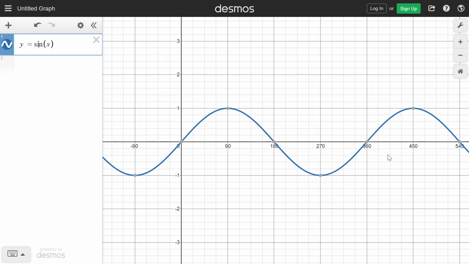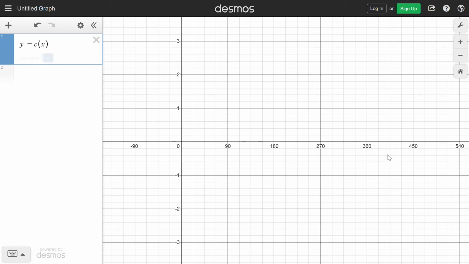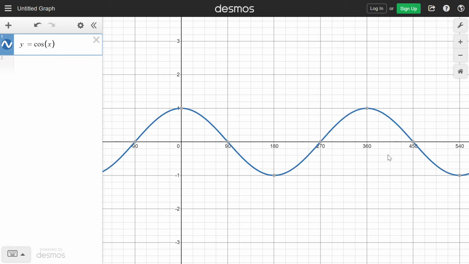Now, the next one we come across, again, if you think back to your area of a triangle, your sine rule, you also had your cosine rule. Now that is cos x. You'll have seen it in SOHCAHTOA.